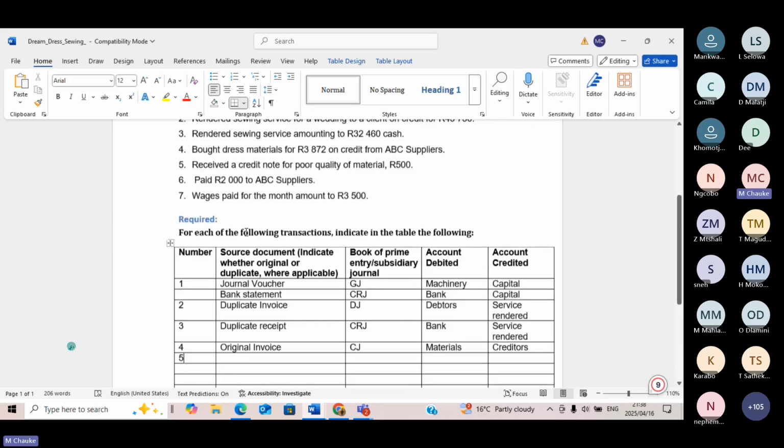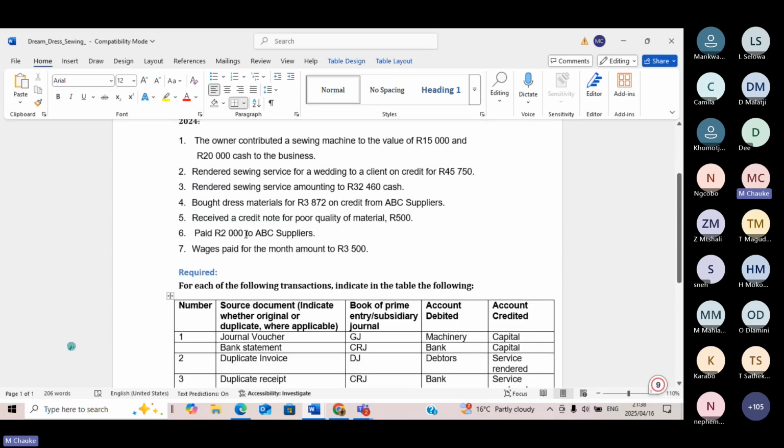Transaction number 5, they say: received a credit note for poor quality of material, 500. When they say you've received a credit note, a credit note is a source document where goods are being returned. How do they differ? If you are receiving a credit note, it means you are the one returning the goods to the supplier.